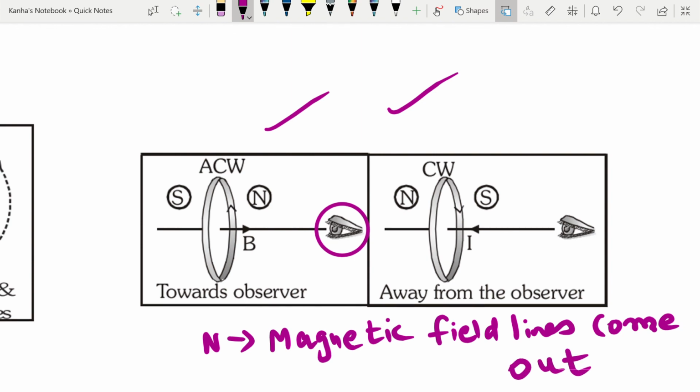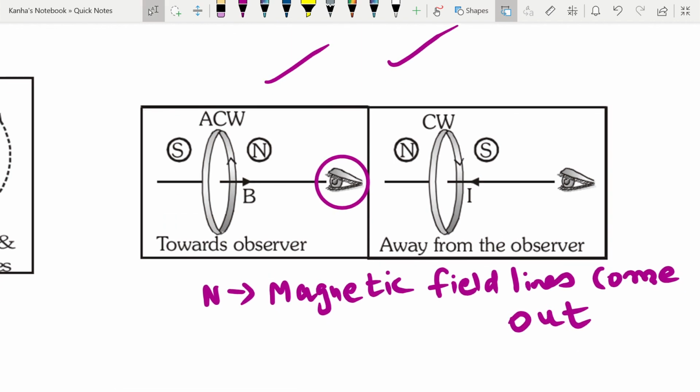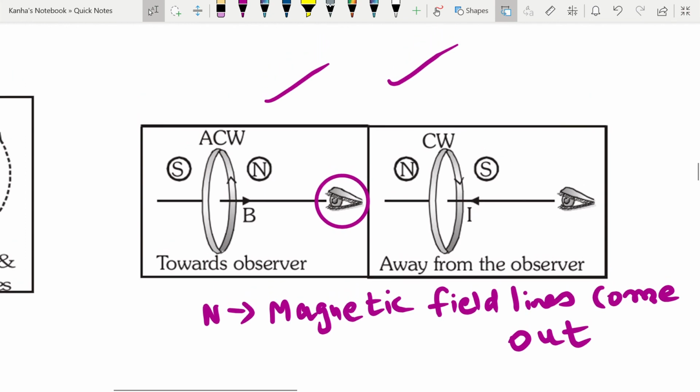Okay, and from the south pole, we know that the magnetic field lines go in. So using this principle, if the magnetic field lines are coming out, this is my north pole and this is the south pole. And similarly, if the current is going down, I keep my thumb there, I curl my fingers, and that implies that field lines are going in this direction. That implies this is my north pole and this is the south pole.